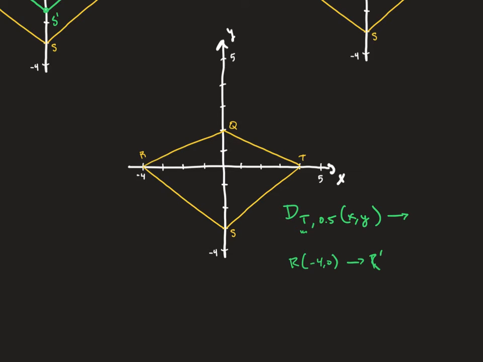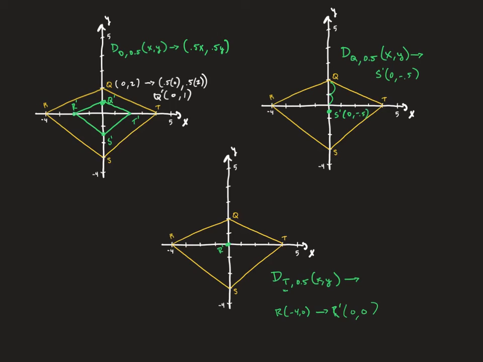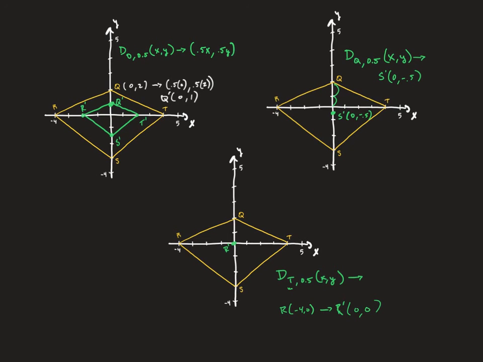The distance is 1, 2, 3, 4, 5, 6, 7, 8, right? 8. So it's going to be half that distance. So the new R prime is actually going to be 0, 0 as the new coordinate. So just looking at those transformations, the dilations, and how they would work on the coordinate plane, we'll get into more detail in the next couple of slides.